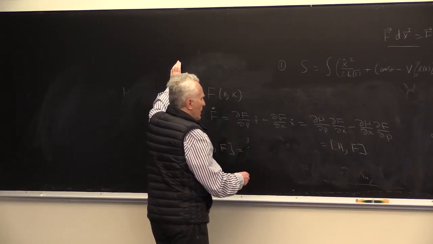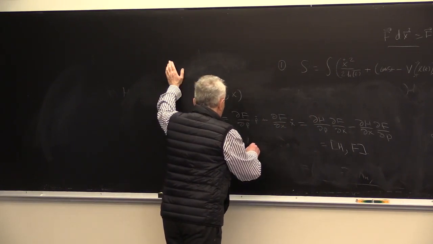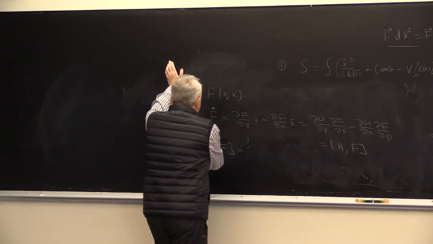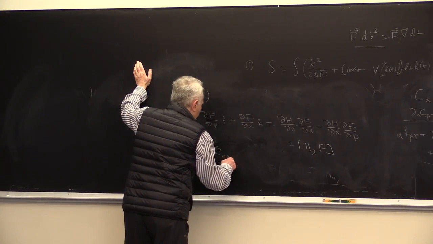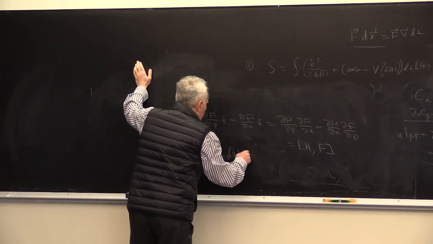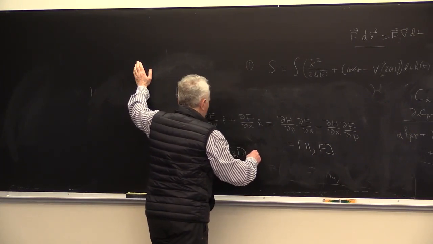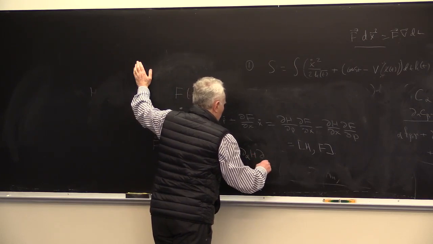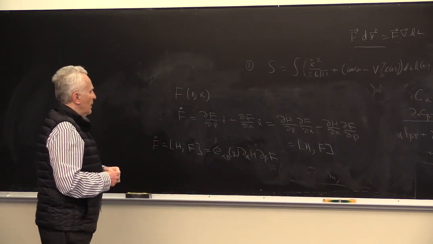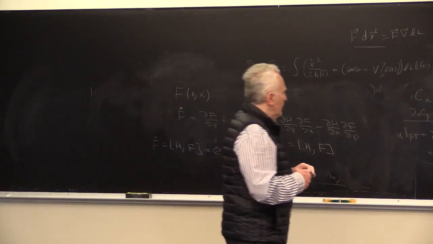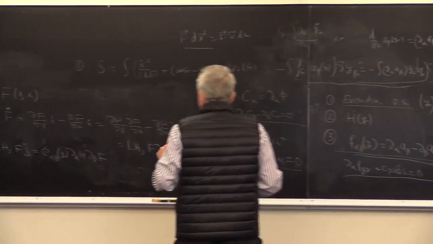Of course, we can write it down as the inverse matrix times d alpha h. And this is the general Poisson bracket.